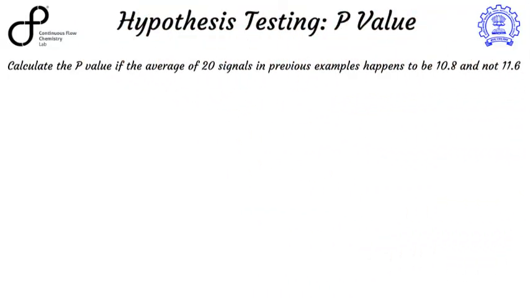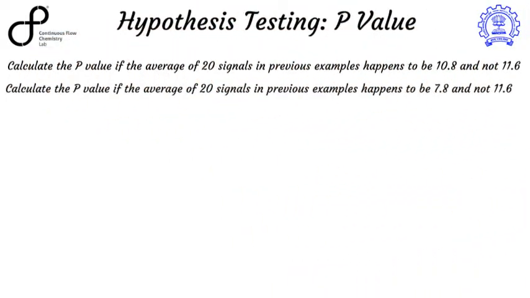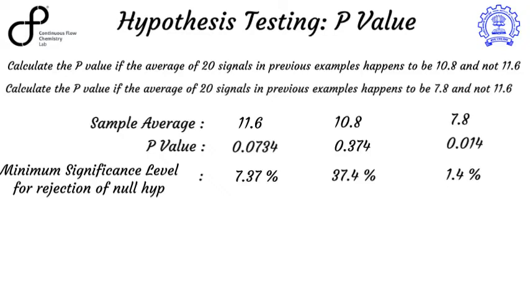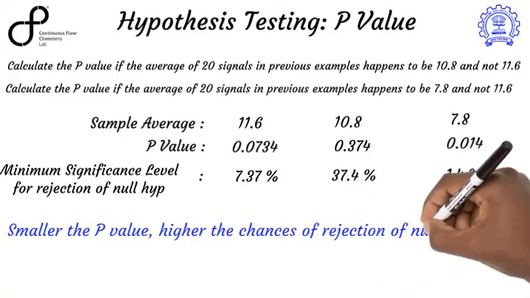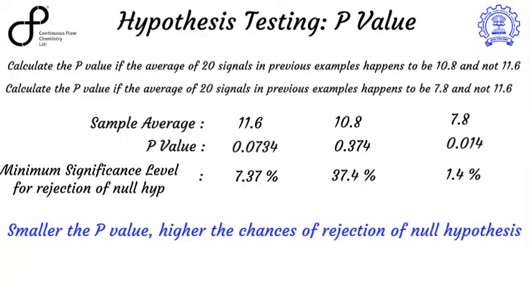Please calculate the p-values by assuming the average of 20 signals to be 10.8 and 7.8 in the previous example. Confirm that your values are same, as shown here. As can be seen, lower is the p-value, higher are the chances of rejection of null hypothesis.